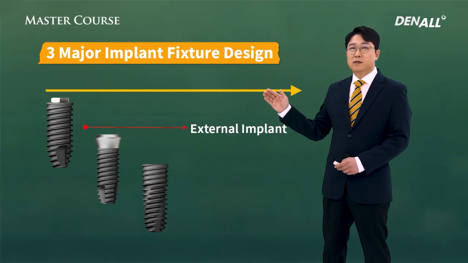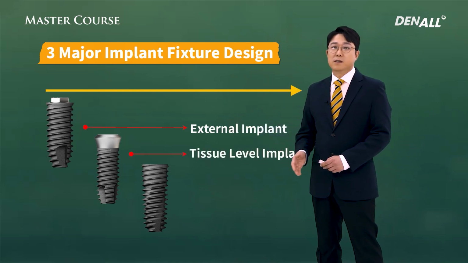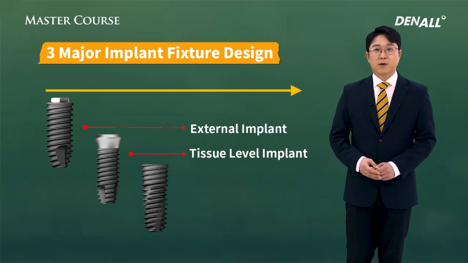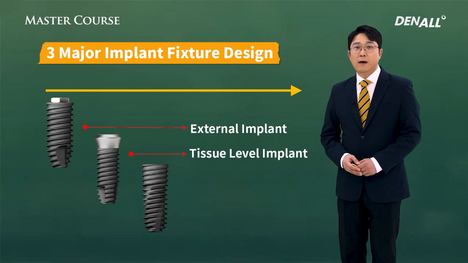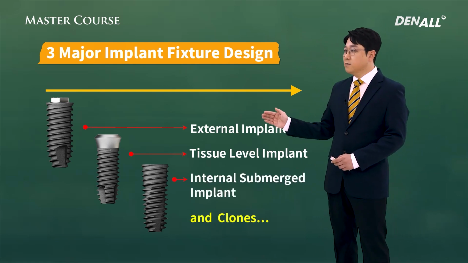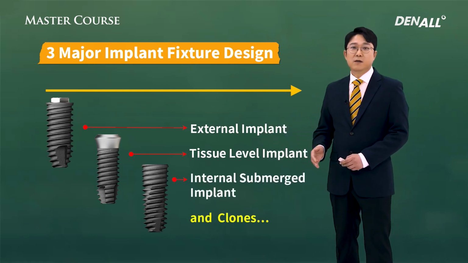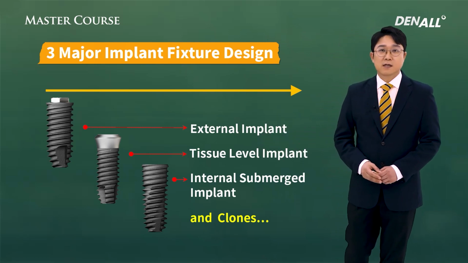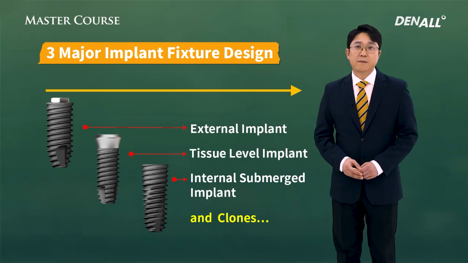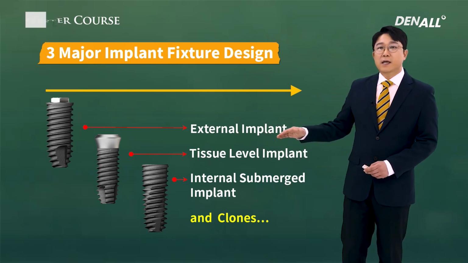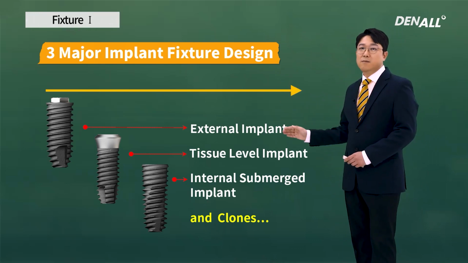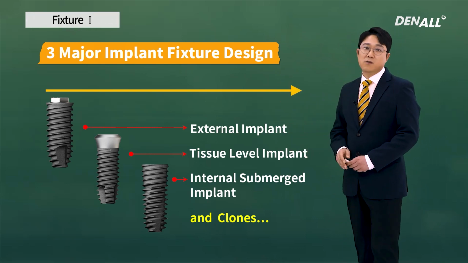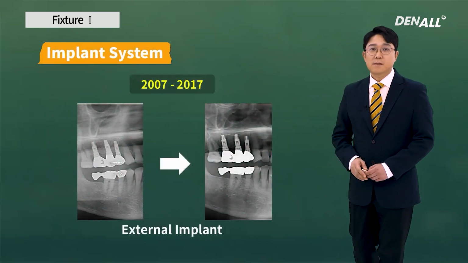The implant that is placed at the gingiva level is a tissue level implant. Osstem sells it under the name of SS, and the internal submerged implant is placed below the bone level. Osstem sells it under the name of TS. So these 3 implants are in the mainstream.